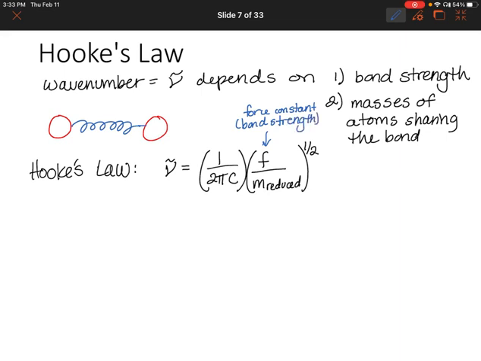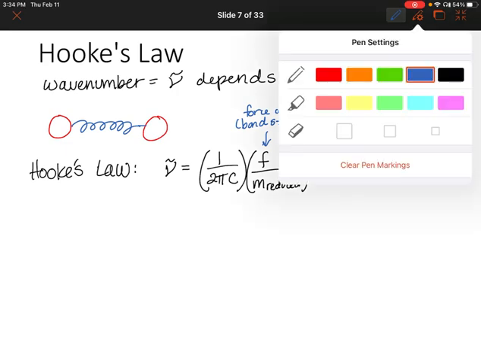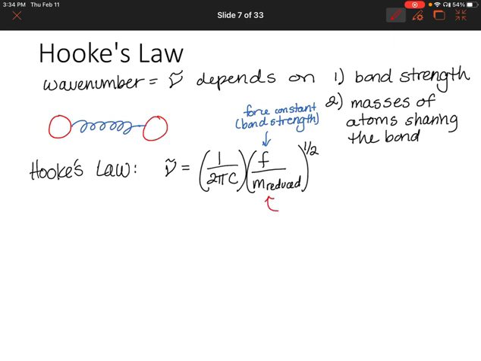So what is the force between those two atoms? And then the reduced mass on the bottom is equal to the mass of the first atom times the mass of the second atom, divided by the mass of the first atom plus the mass of the second atom.